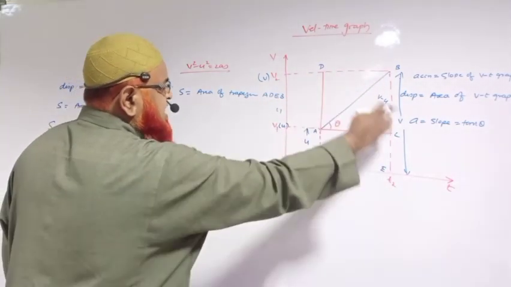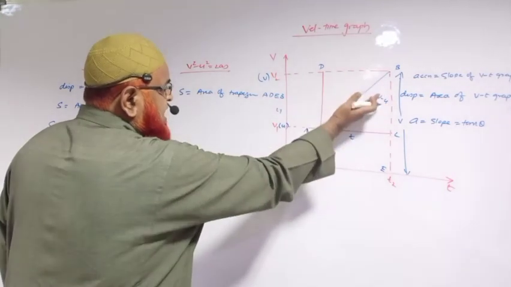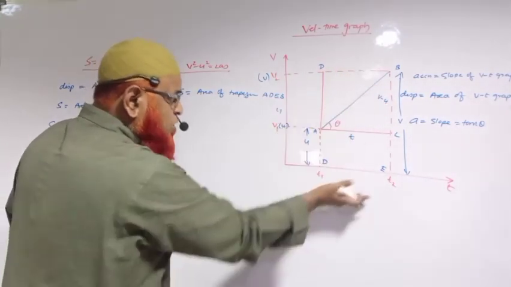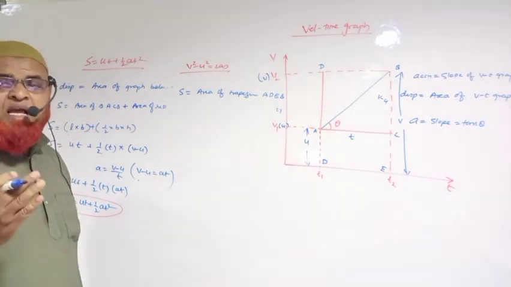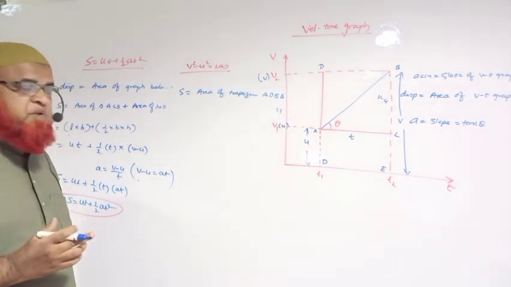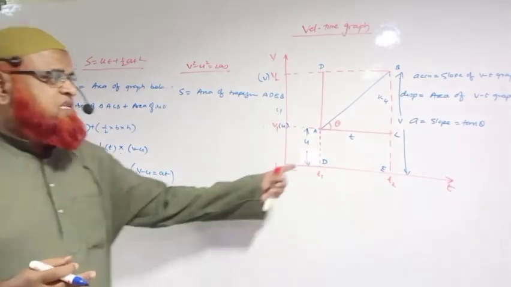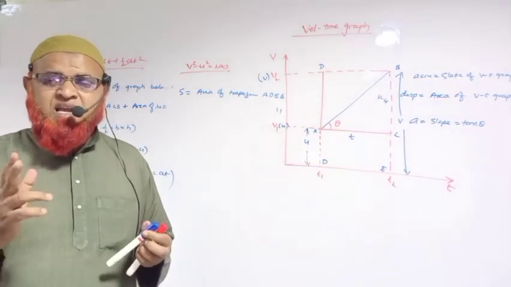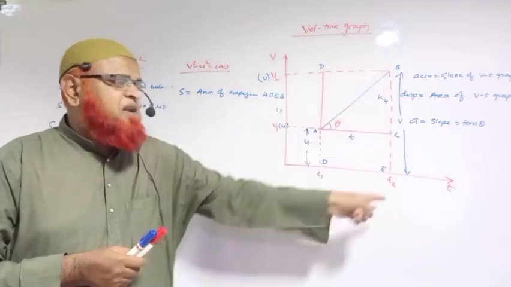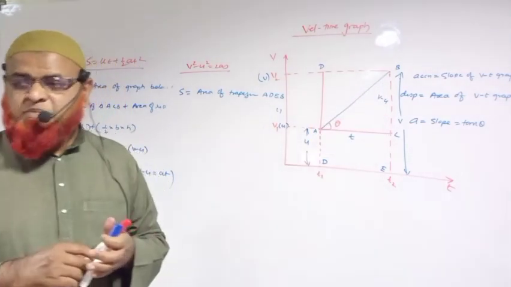I am taking the area of the graph below AB only. Instead of taking triangle and rectangle separately, I am taking them combined together as a trapezium. Trapezium means a quadrilateral in which two sides are parallel.